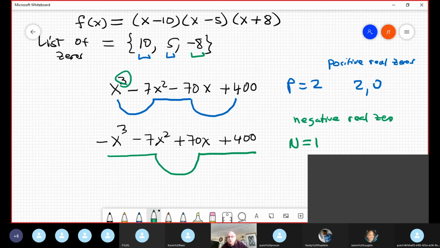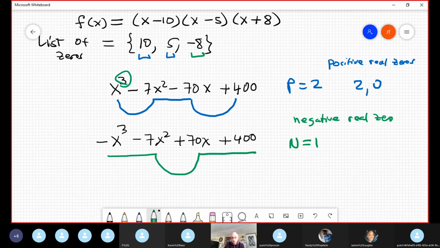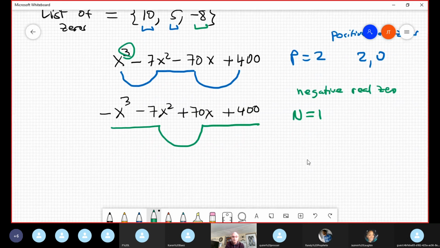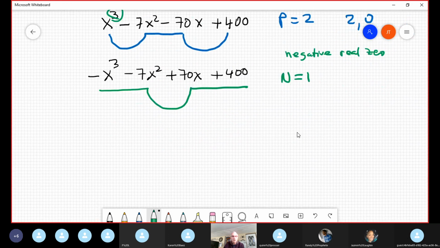Why does it change the sign? Good question. Because, for example, take x to an even power. When you replace x with negative x, this is like (-1) to the even number times x to the even number.